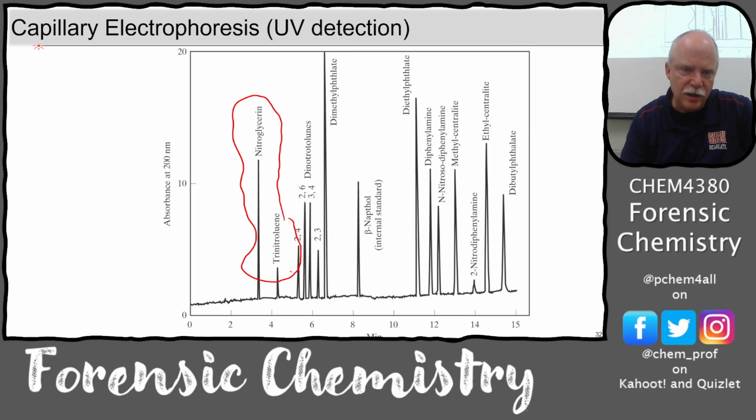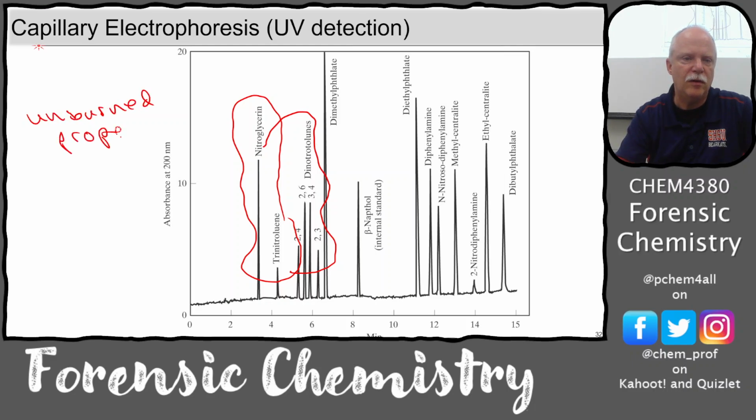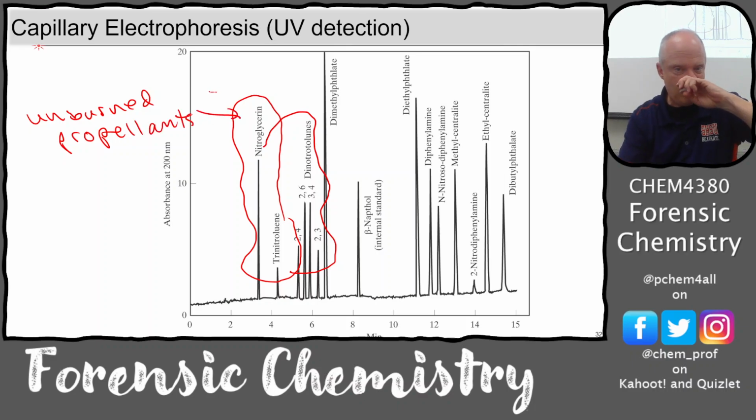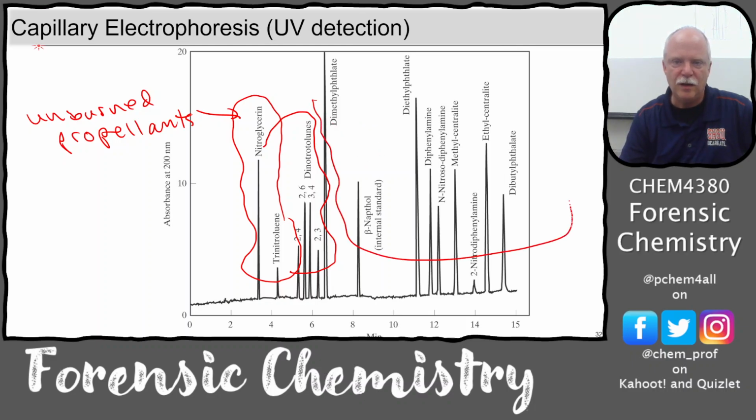Here's the dinitrotoluenes here. So these are unburned propellants. And then I guess all of these others here are trace organic compounds, and they are the stabilizers.